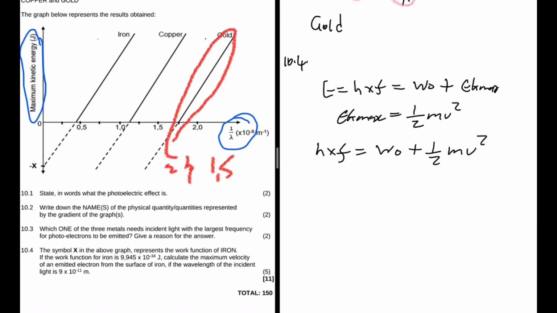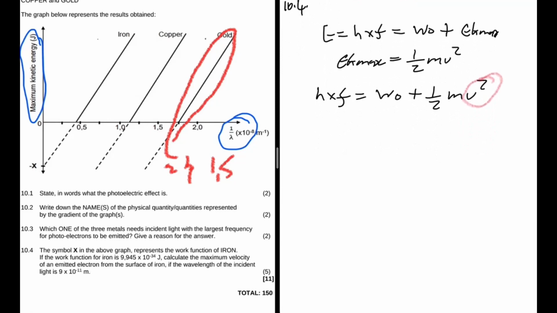So what we're looking for here is this v, right? So let's try and make v the subject of the formula. So we can take this term here to the left hand side.